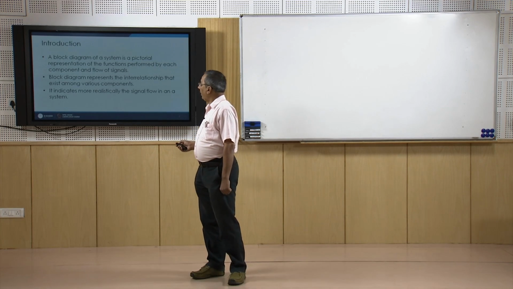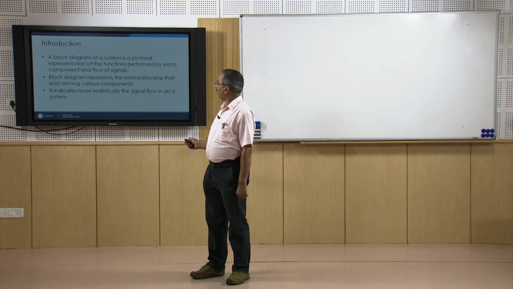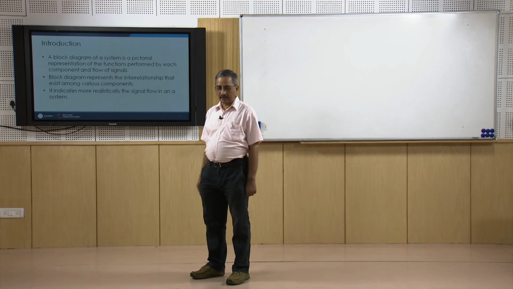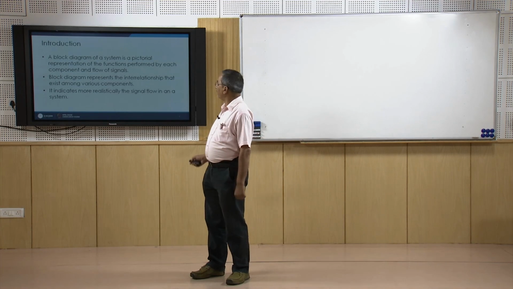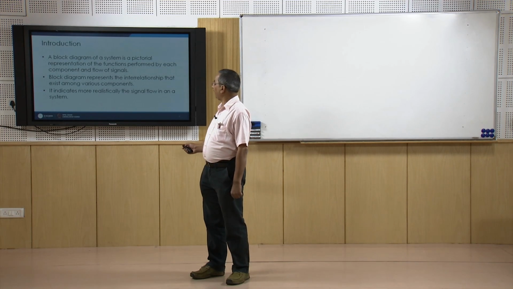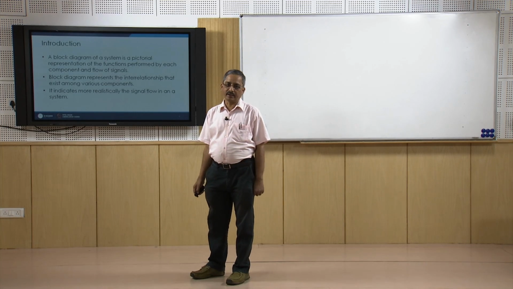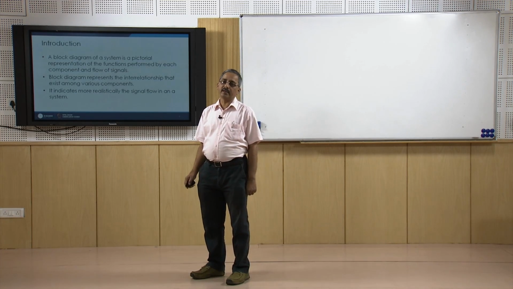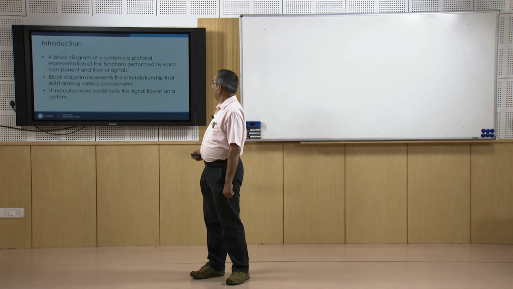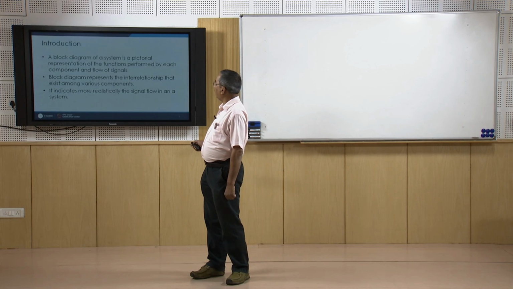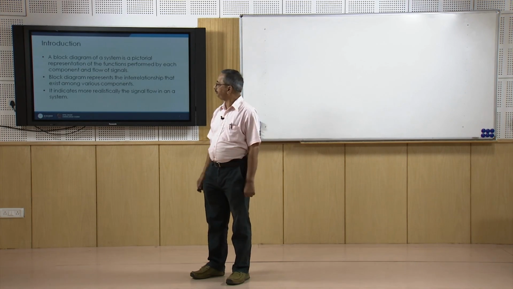So, what is a block diagram? A block diagram of a system is the pictorial representation of the functions performed by each component and the flow of signals. Okay. So, it essentially represents pictorially the flow of signals and the function performed by each component.